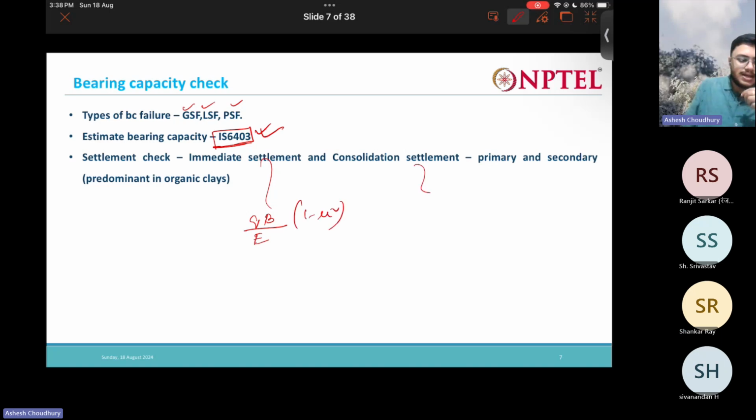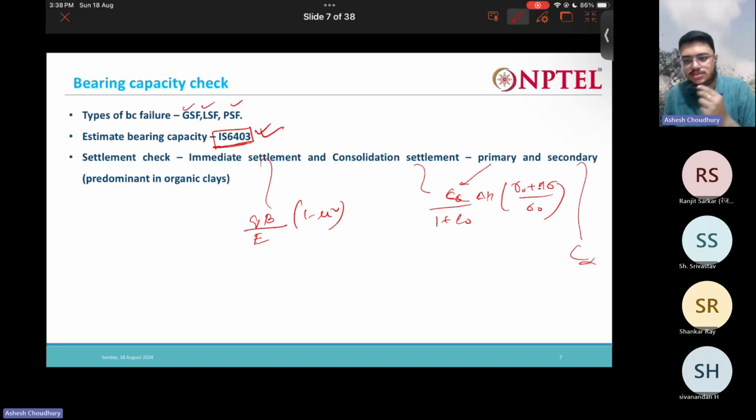And then we have the consolidation settlement. This consolidation settlement also you have studied in your basic soil mechanics course. This is the coefficient of compression, all those things. That gives the primary consolidation, and for the secondary consolidation we have one more factor, alpha, that you also have to consider.